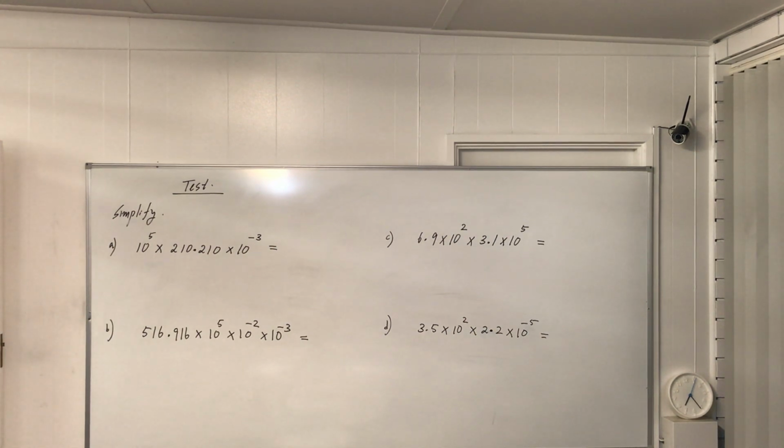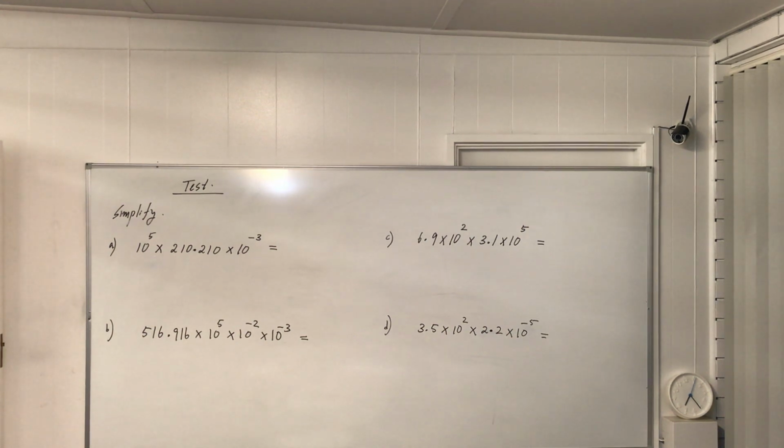3 times 9 is 27, right? So you forget about this, right? So 1 times 6 is 6, 3 times 9 is 27, 7, 2. 3 times 6 is 18 plus 2, 20.